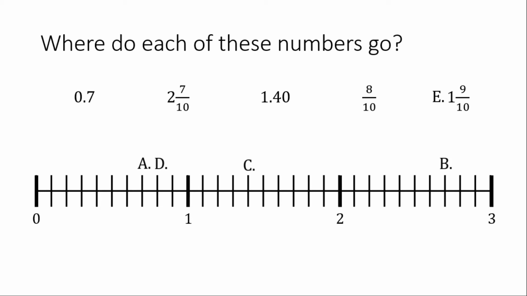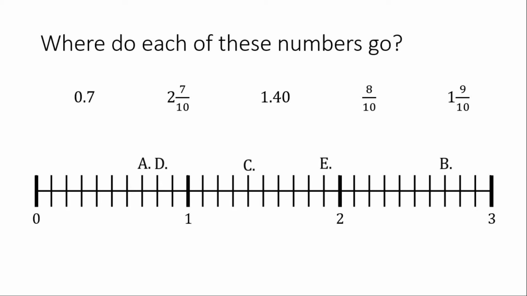So we'll start at 1, and then we'll count 9 more tenths. 1, 2, 3, 4, 5, 6, 7, 8, 9. 1 9/10. So that's how you would place those on the number line.